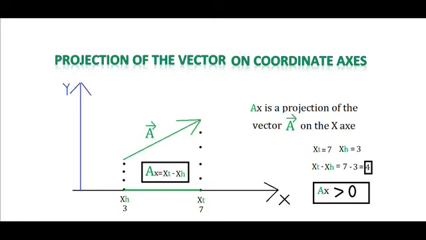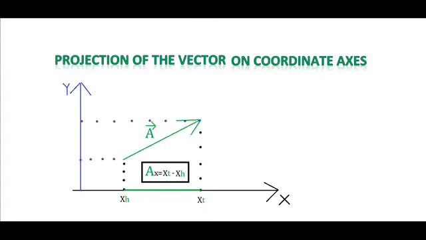And this line will be, as you can see here, we have to subtract 3 from 7, so it will be a positive number, and this projection is positive, and it's not always positive.